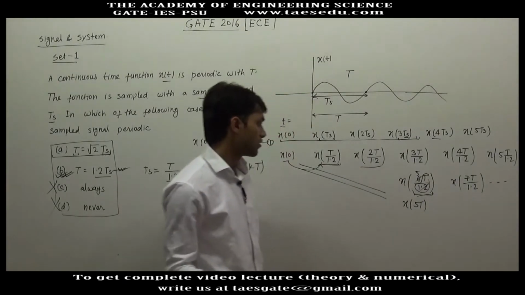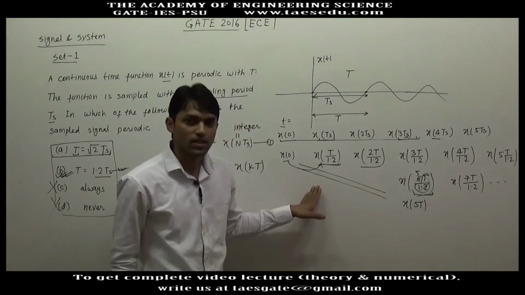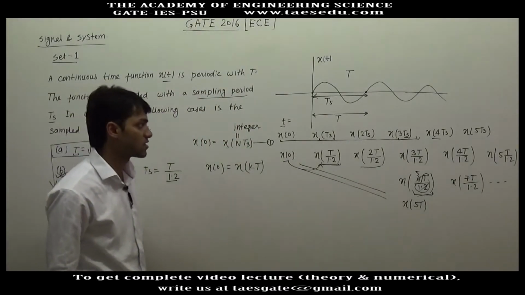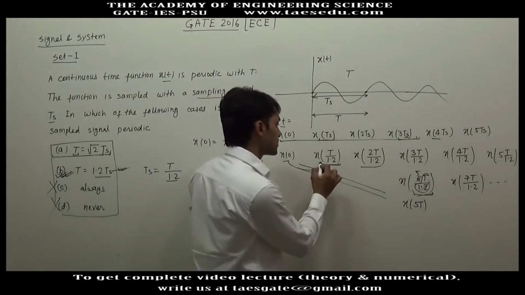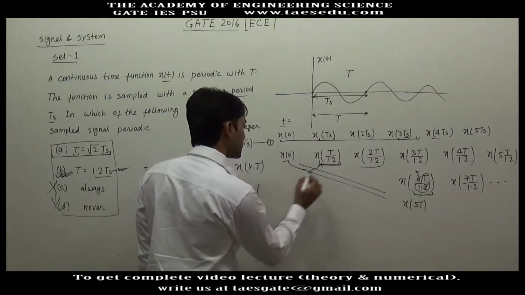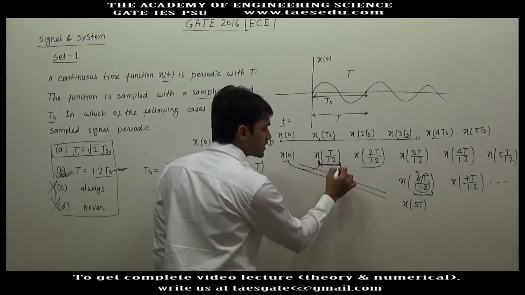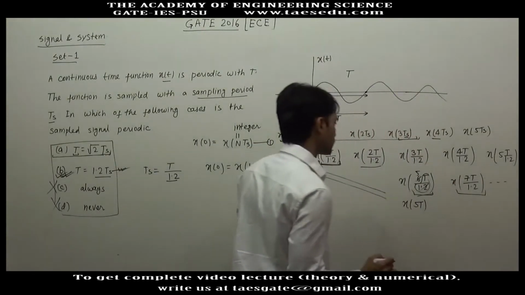For periodicity, it is not enough that one value is repeated. If only one value is repeated, we cannot say the signal is periodic. The whole characteristic has to be repeated. So the second sample has to be equal to the 7th sample.